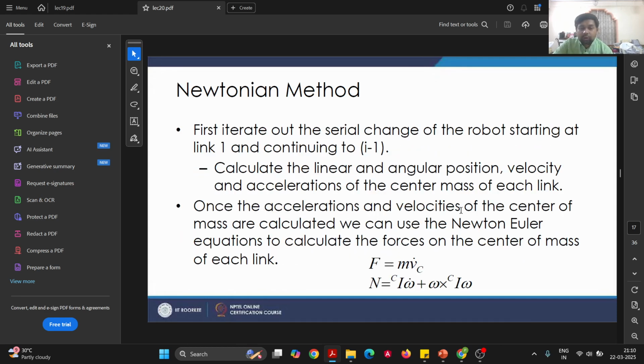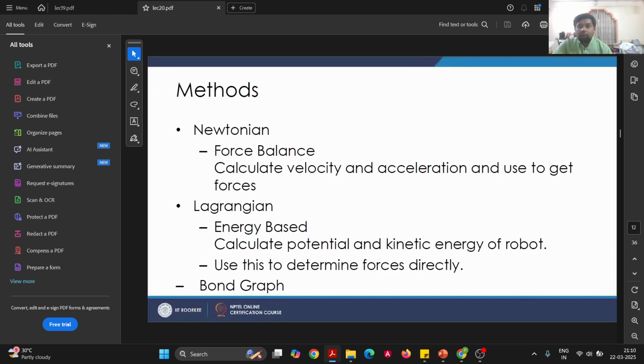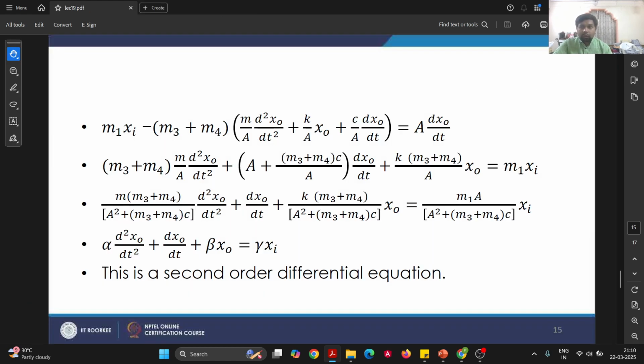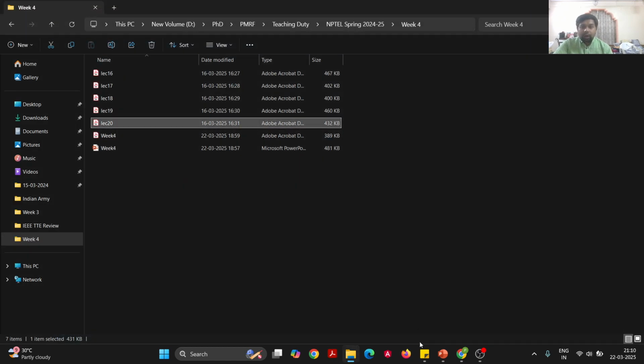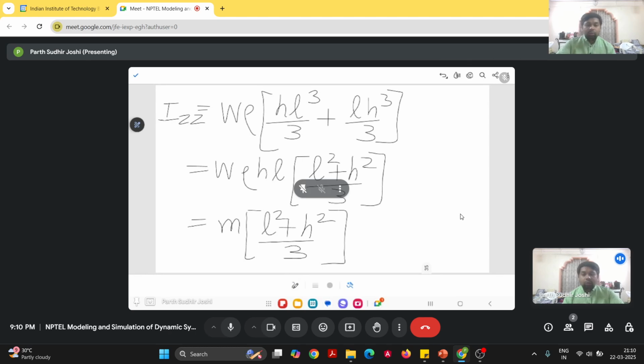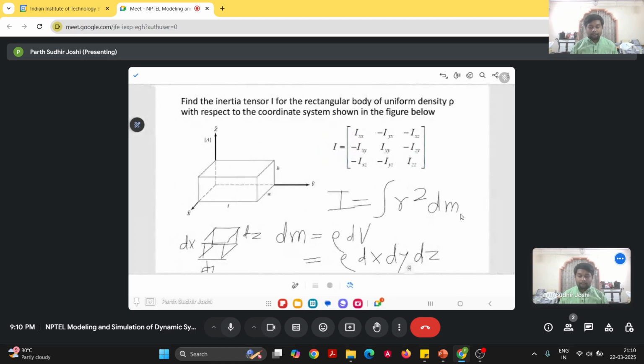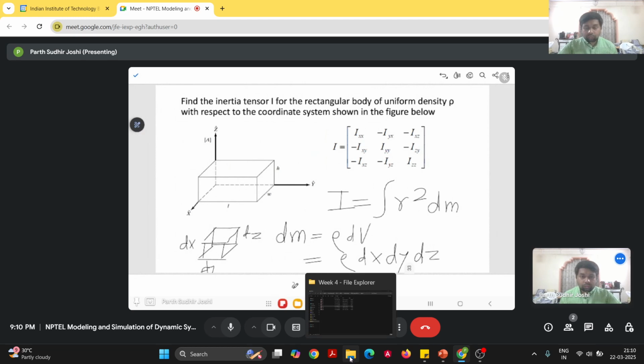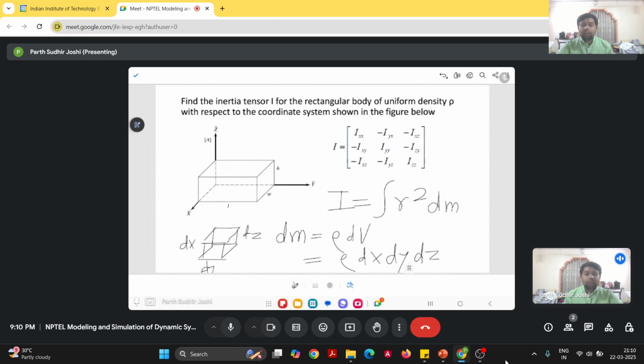And similarly, for the product of inertia, we can use similar kinds of approaches, and we can determine all the 9 components of the inertia tensor. So that's how we can determine each of the components of the inertia tensor.